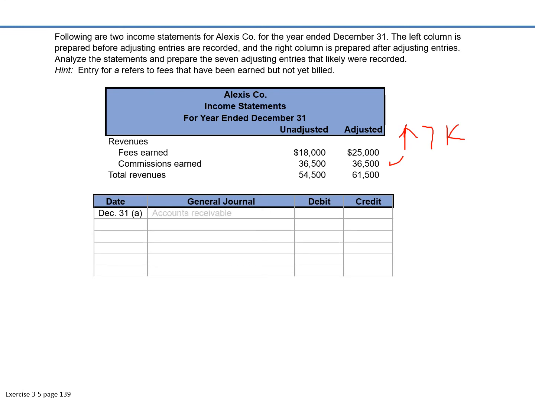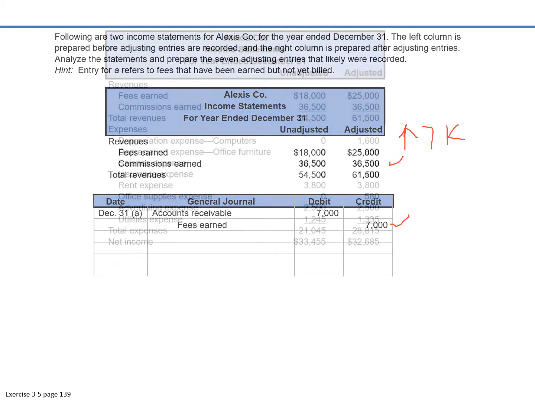So our debit is going to be to accounts receivable for 7 and the credit to fees earned for 7. Your fees earned increased by 7, so you know this answer. If it hasn't yet been billed, then when they make the adjustment they're recording the accounts receivable. Accounts receivable get on the books when you do your billing. Okay?